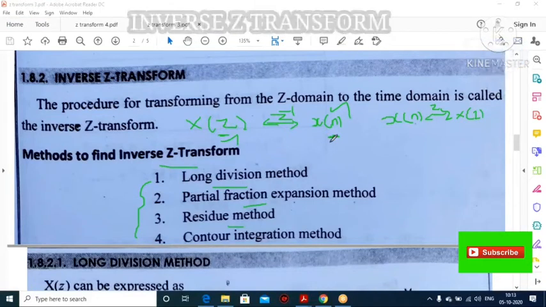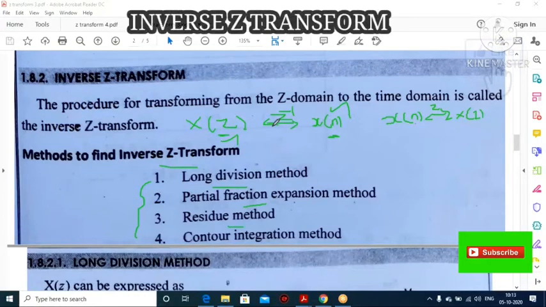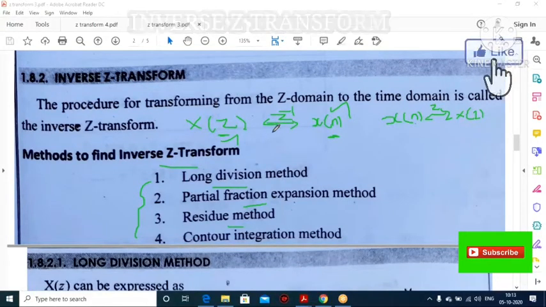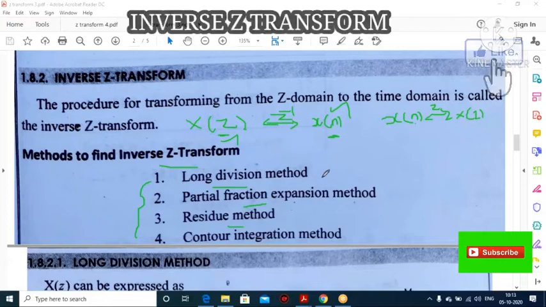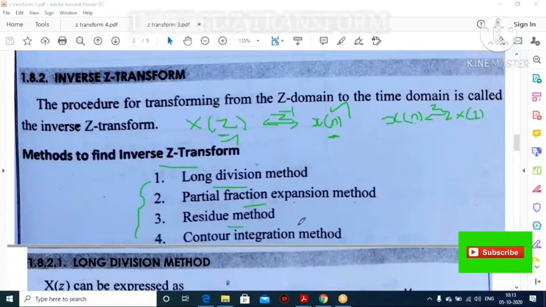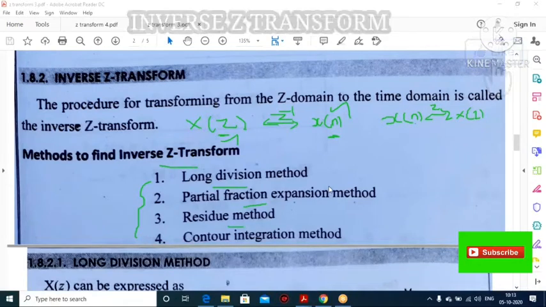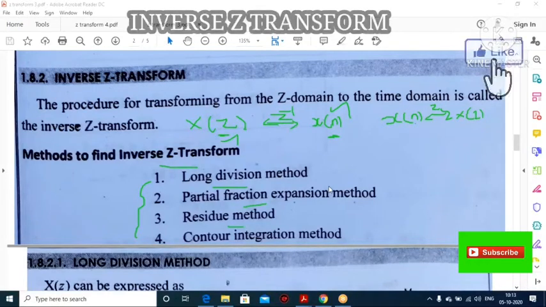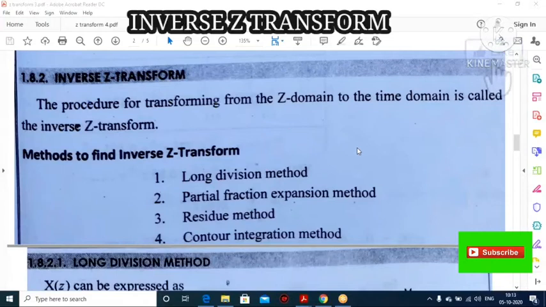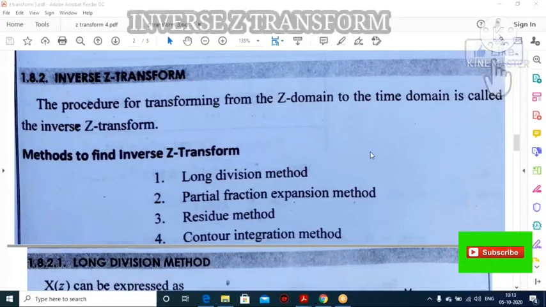What are the methods used to find the inverse Z transform? One is long division method, another is partial fraction method, third is residue method and fourth is contour integration method. Let us see one by one how to find the inverse Z transform by using long division method.